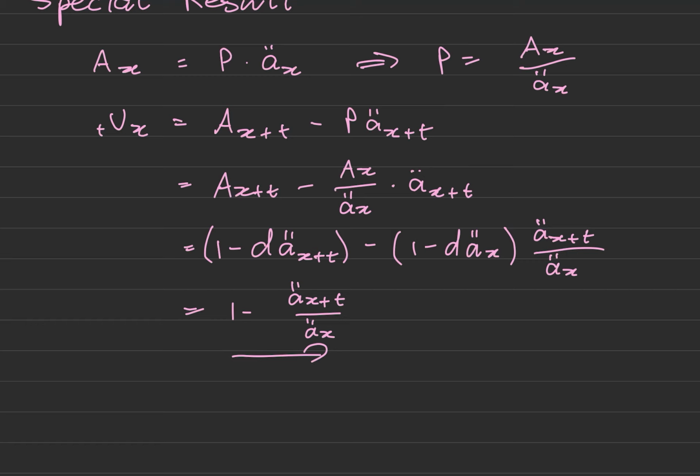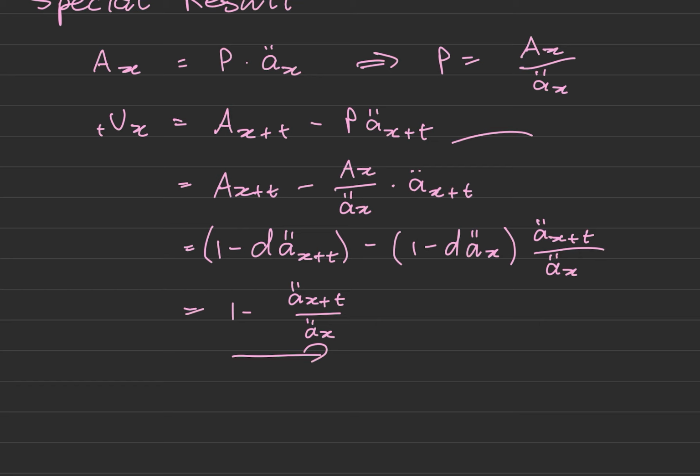Okay, so this is now the special result. The reserve is equal to this. Now this is very helpful because it means that you don't have to go through this long process of actually solving yourself, because if you wanted to calculate this reserve, you'd have to write out either your prospective or retrospective formula, or if you had the previous year's reserve, your recursive formula, and then you would have to calculate your premium using this, substitute in your premium, and then calculate the reserve.